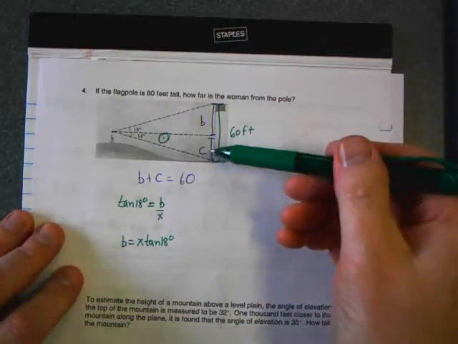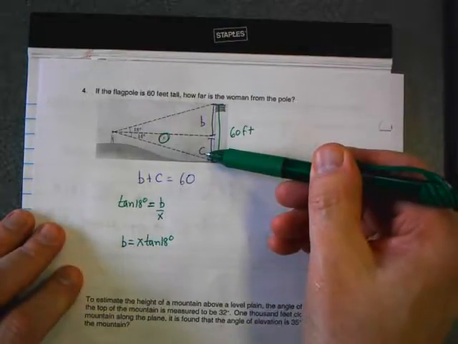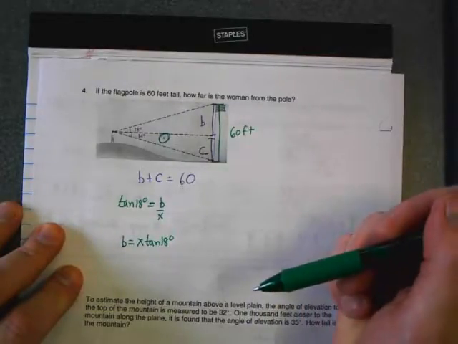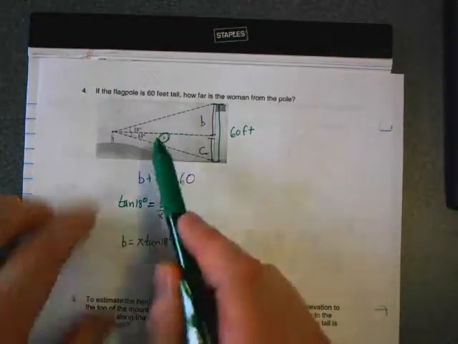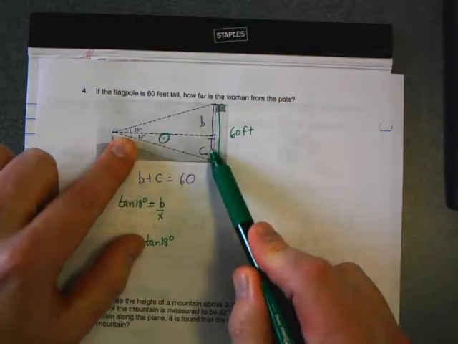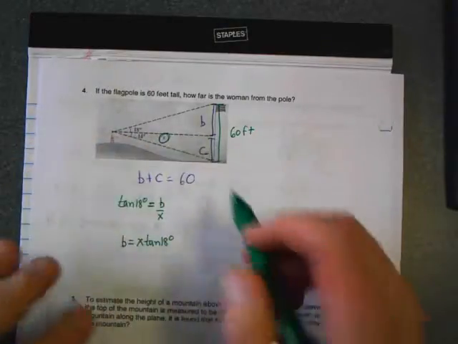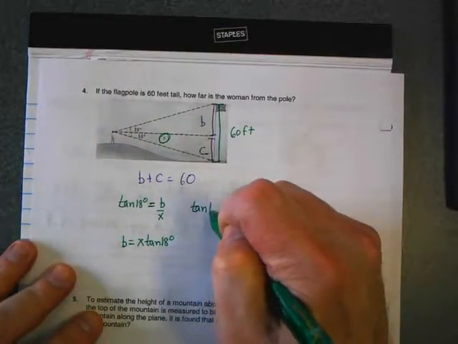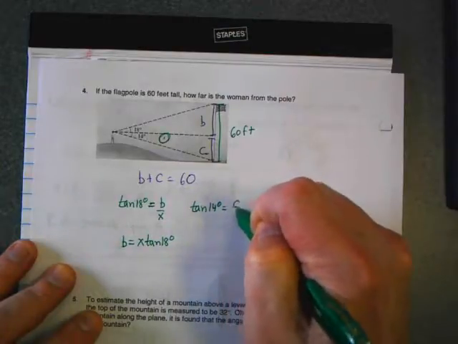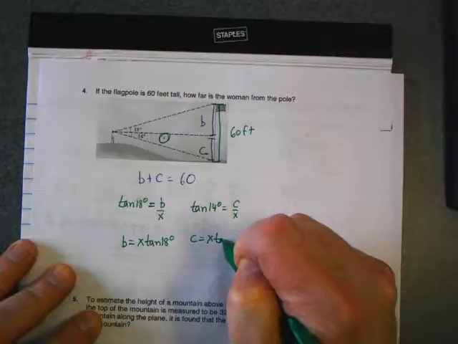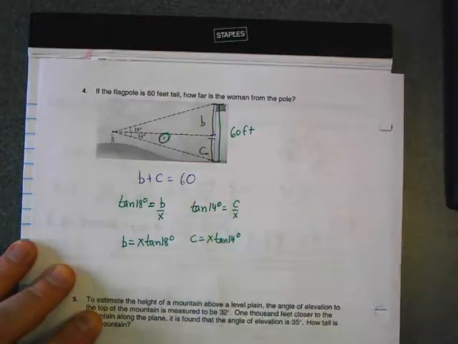And how about for C? Still going to use tangent, aren't we? Because for 14 degrees, C is the opposite. X is still the adjacent. So tangent 14 degrees is C over X. So C is X tangent 14 degrees.